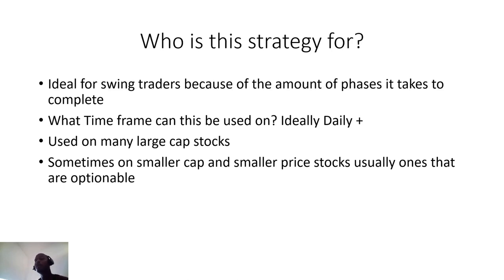A stock can have a low price but also a lot of shares out, so it could still work because you can have more stock involved in the accumulation and distribution phases, since the market cap is so large even though it's a lower-priced stock. Okay, so that's pretty much who utilizes this trading strategy, guys.